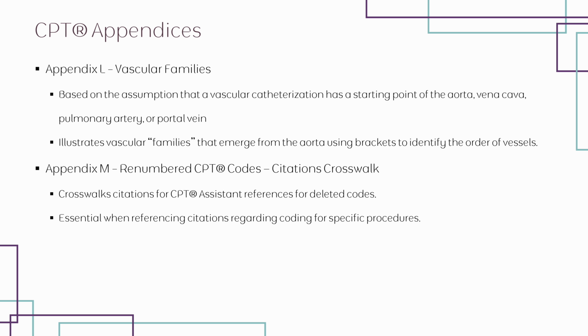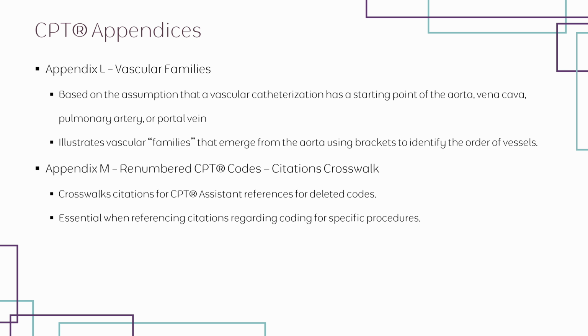This appendix is based on the assumption that the patient has normal vascular anatomy and that the vascular catheterization starts at one of the four major entry points: the aorta, vena cava, pulmonary artery, or the portal vein. The diagram in Appendix L uses brackets to identify the hierarchy of vessel branches, labeling them as first, second, third, and beyond third order branches.